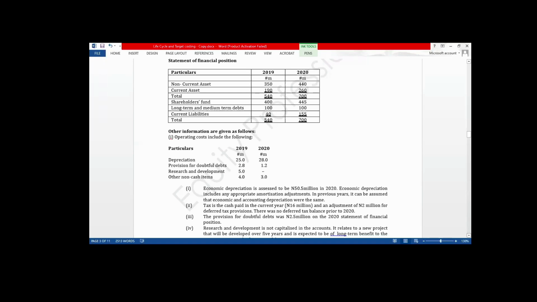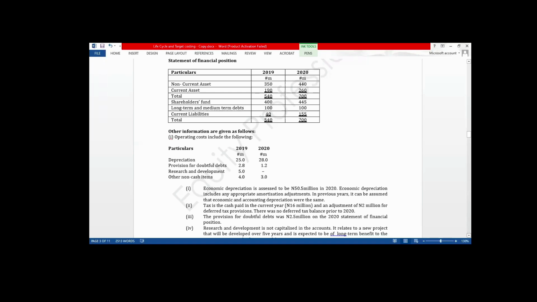Tax is the cash paid in the current year, 16 million, and an adjustment of 2 million for deferred tax provisions. There was no deferred tax balance prior to 2020. Next, the provision for doubtful debt was 2.5 billion on the 2020 statement of financial position.